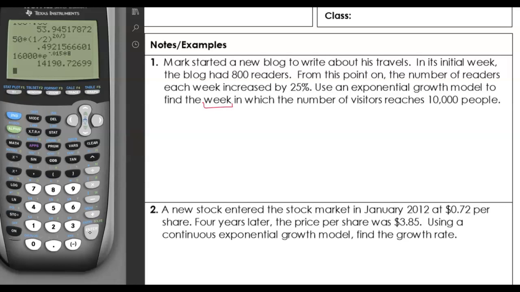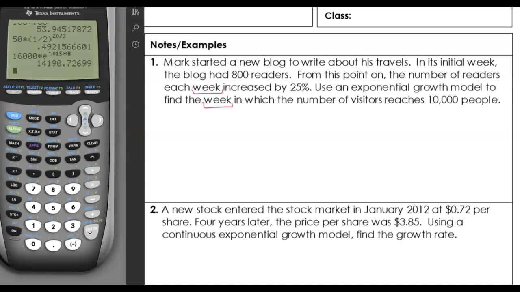And it says it's increasing each and every week. Because our units for time are the same, we're not computing the increase multiple times per week. We can just use the formula that does not have an n in it.